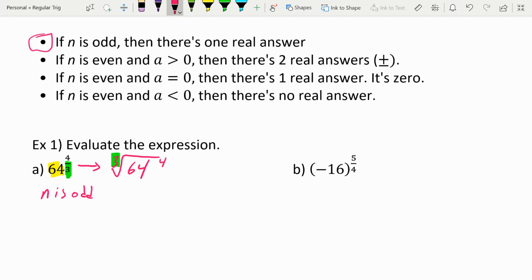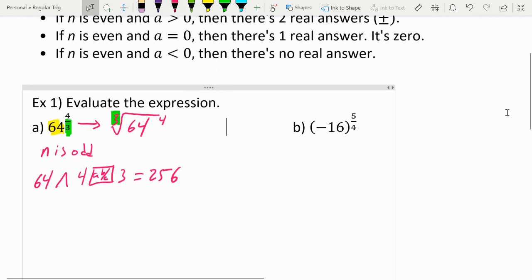So I know there's going to be one real answer. Grab your calculator and type in 64 raised, and remember, use the caret symbol for the ABC button, and then 3. It should give you 256. So I know there's going to be one real answer.